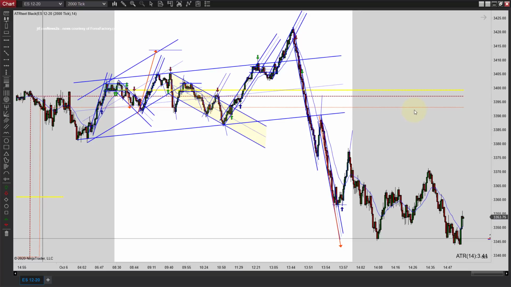But it's just hard to trade some of this sometimes when you don't get setups. And I know it's frustrating, and that's what causes people to force bad trades. So don't force bad trades.